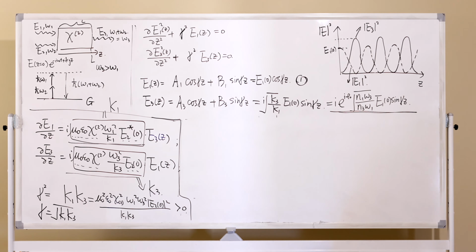And when it starts to generate E1, then E1 starts to increase. Then of course, when you generate E1, you consume photons from E3. Then E3 will start to drop, right? And this behavior happens periodically as you move along the Z direction. Any questions?